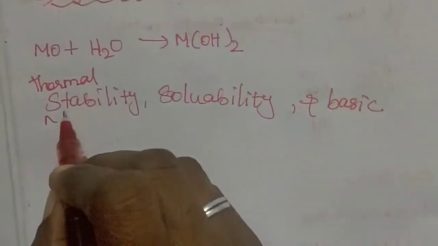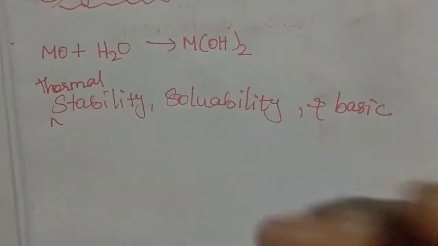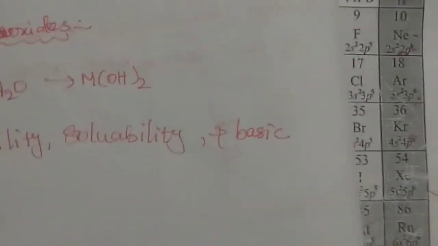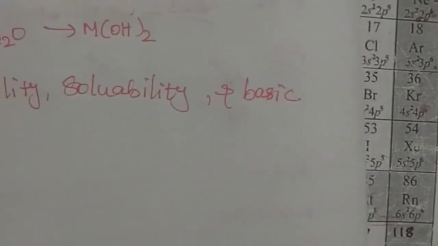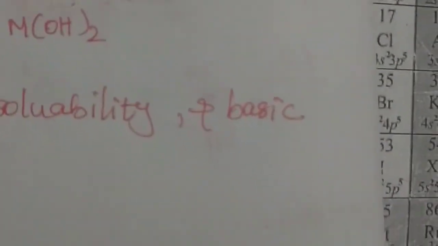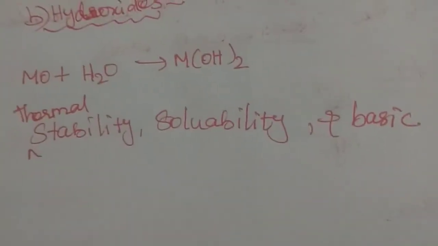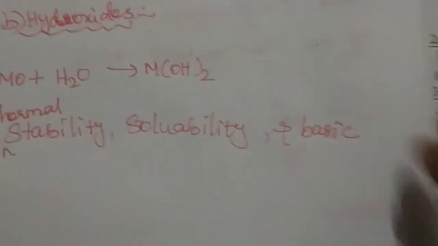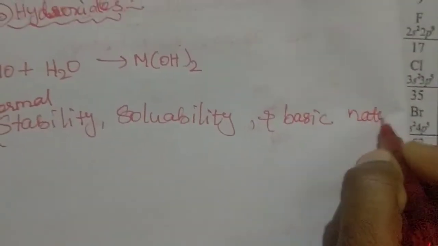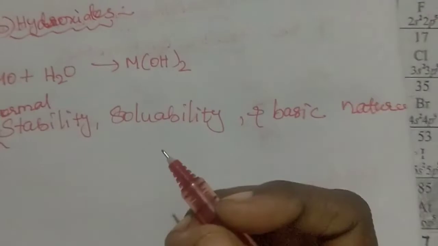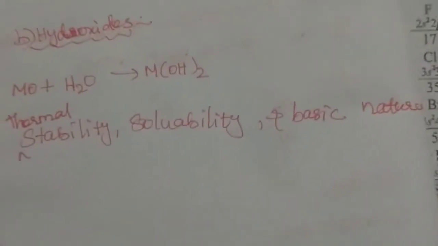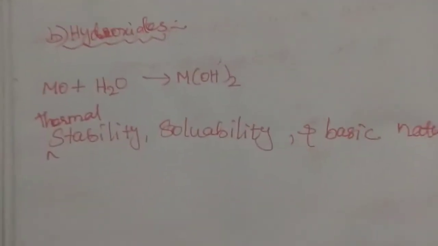We know that solubility increases because magnesium is less soluble compared to calcium, barium and strontium, and it is a weak base. When you move from top to bottom, solubility is increasing, basic nature is also increasing, and thermal stability is also increasing.